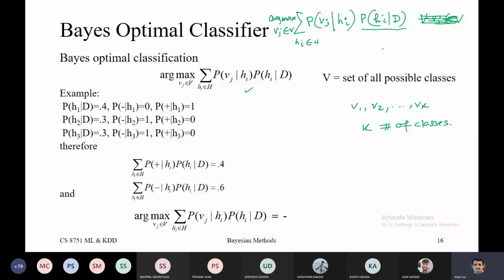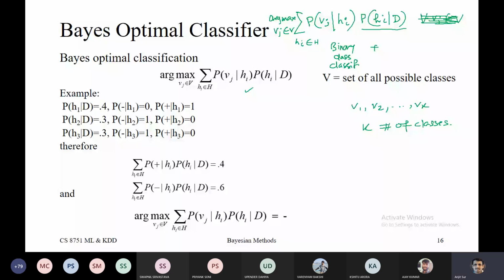Here you can see the same example we write in this format. What do we have to calculate? P of Vj given Hi. Vj means plus and minus, two classes. This is a binary class classification.